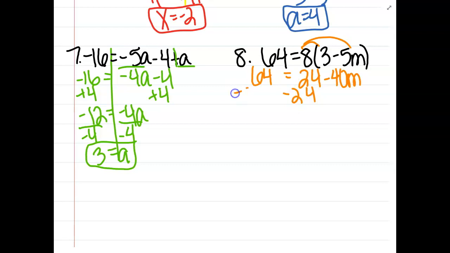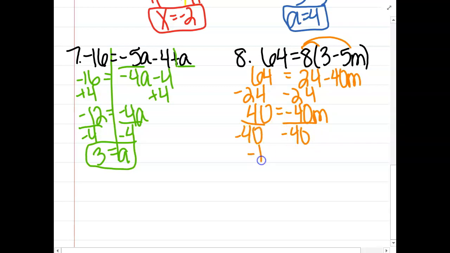Subtract 24 from both sides. Very good. So we have 40. Now remember, there's still a negative there, so it'd be a minus 40m. And then how do we get rid of the negative 40? Right. So divide, because this is multiplication, right? So divide by negative 40. You should get negative 1 equals m.